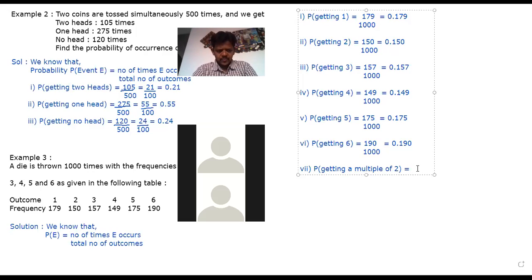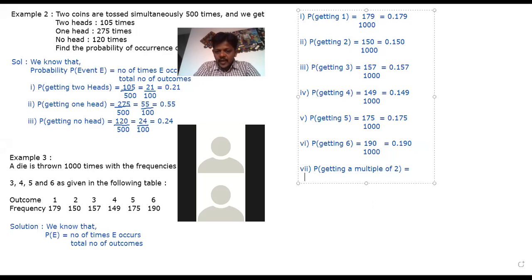Which are the multiples of 2? 4 and 6. Only 4 and 6. 2 is not a multiple of 2. Means how many times have you got 2, 4 and 6? 150 plus 149 plus 190. Yes or no? 489 times. Yes.